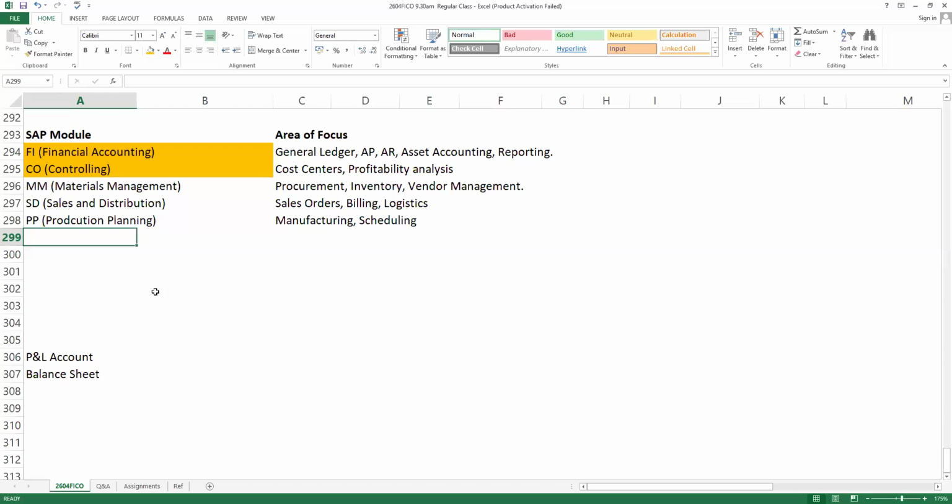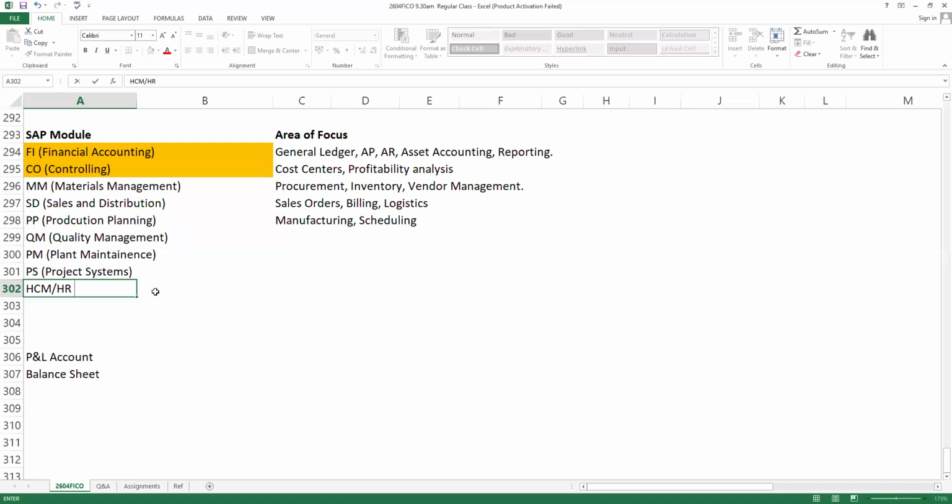And then a few other modules: we have QM, quality management, PM, plant maintenance, PS, project systems, and HCM or HR, what we call human capital management.